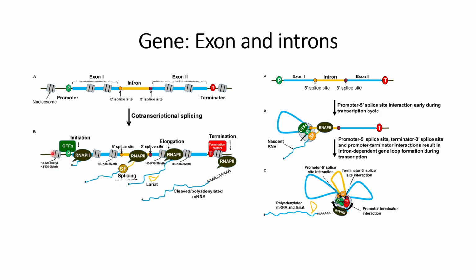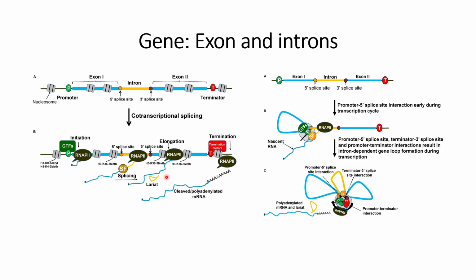At the same time, this RNAP2 also helps in initiation near the promoter, and simultaneously and in parallel it also helps in elongation of the exons, so that transcription continues throughout the exons.